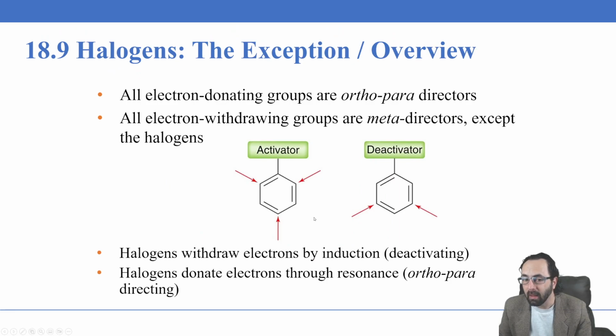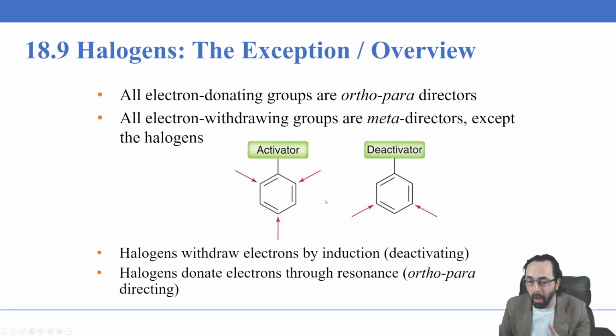So as we've seen, all of these electron donating groups are ortho-para directors. All electron withdrawing groups are meta directors, but an exception here is going to be with halogens. Okay, so we just saw an electron withdrawing group, the nitro group, which is a meta director, but a halogen atom will not be a meta director.